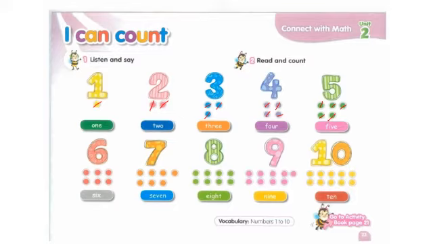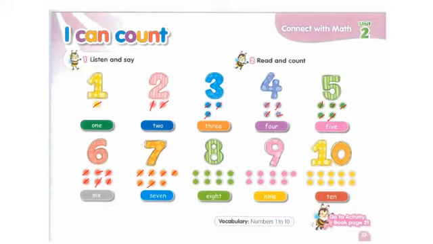Next number is number 6. Let's count the dots. 1, 2, 3, 4, 5, and 6. And next number is 7. Let's count the dots. 1, 2, 3, 4, 5, 6, 7. Next number is number 8.